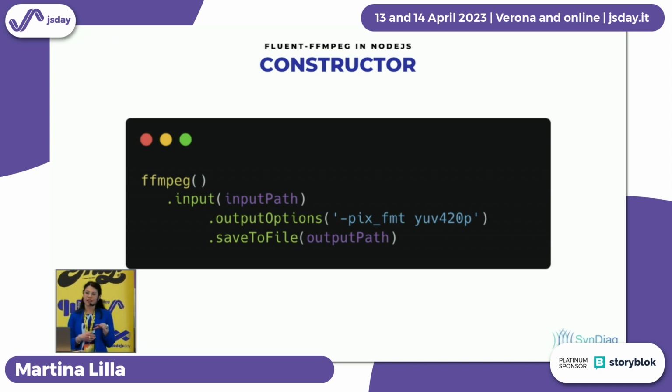The good thing is that you don't need to explicitly define the input extension or the output extension, because if they are already included in the input and output path, ffmpeg will do the job. For example, in this case, we provide an input path to the input method and an output path to the save-to-file method, and ffmpeg will perform the conversion.